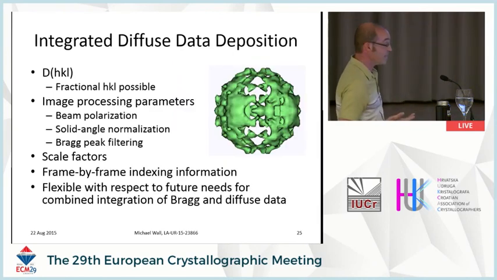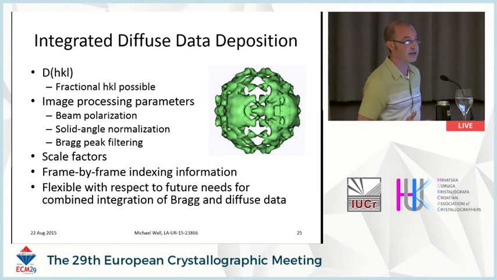Of course, right now we don't even have the integrated diffuse data being deposited in the PDB. So also important, in addition to the metadata, is defining how the diffuse data might be deposited.